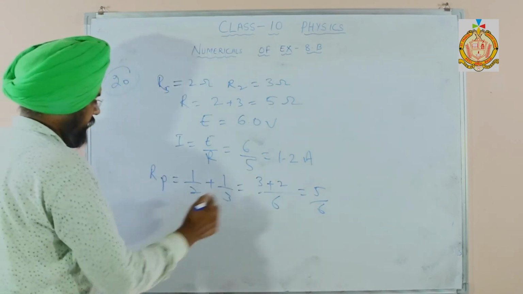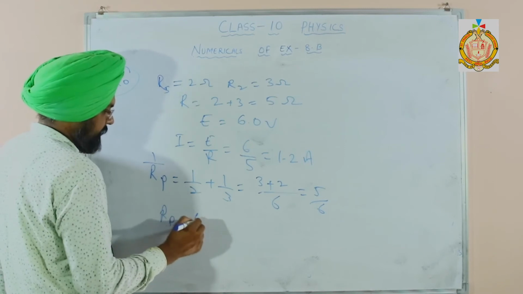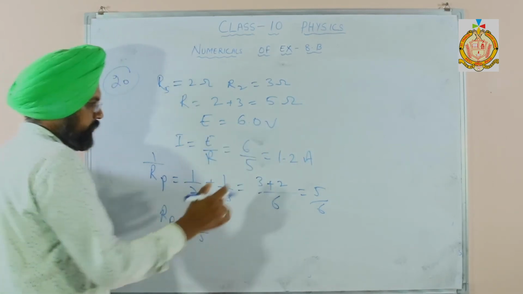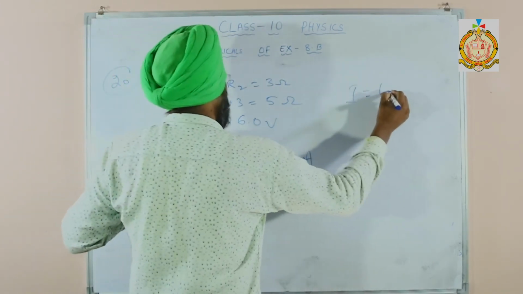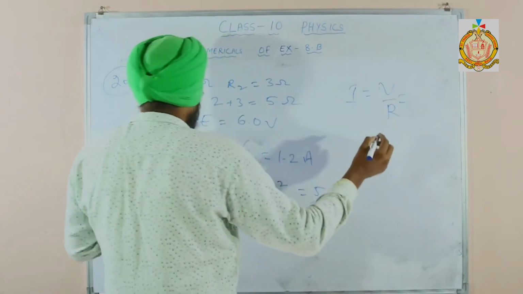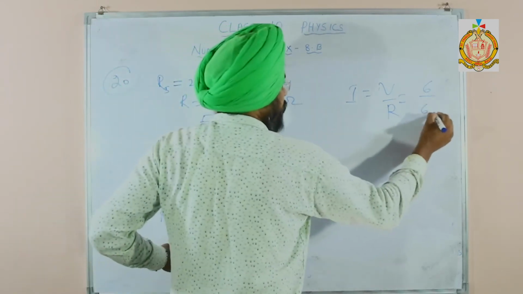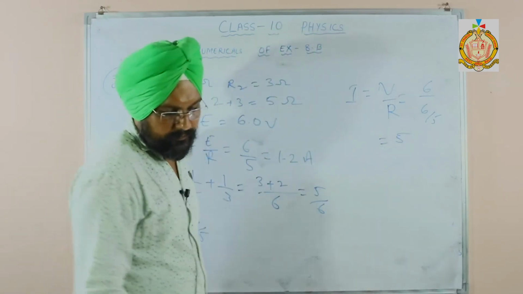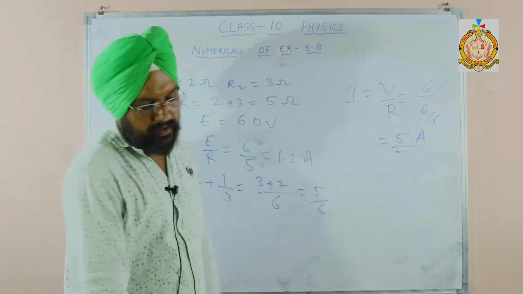So 1 upon R parallel will be 5 upon 6, so R parallel is 6 upon 5. The same battery is joined. According to the formula I is equal to E upon R or V upon R, so 6 upon 6 upon 5 goes up, so we will have 5 ampere. This is the 20th answer.